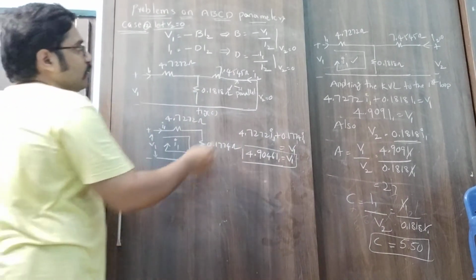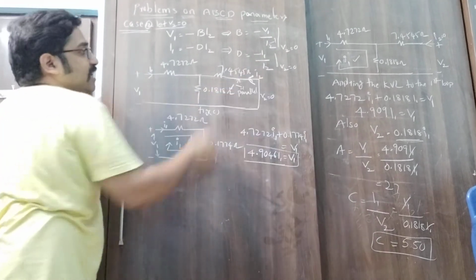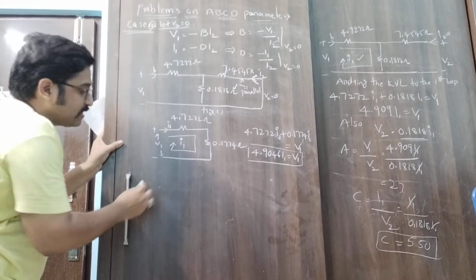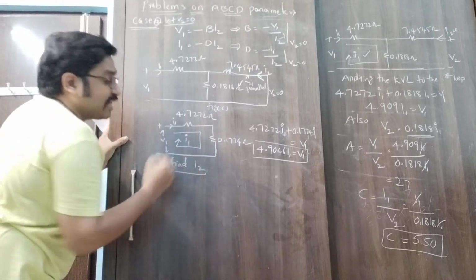Now you need to calculate I2. How do we calculate I2? To find I2, use the current division rule.